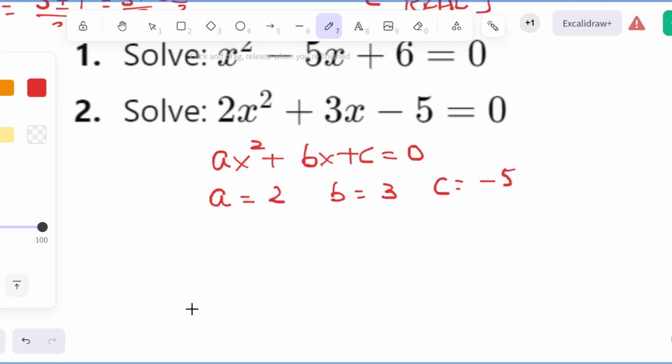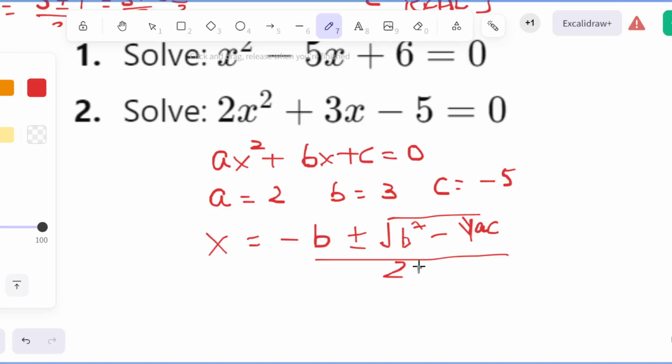So this is our first work, and then we have to write the quadratic formula, which is minus b plus minus the root of the discriminant, which is b square minus 4ac, divided by 2a.